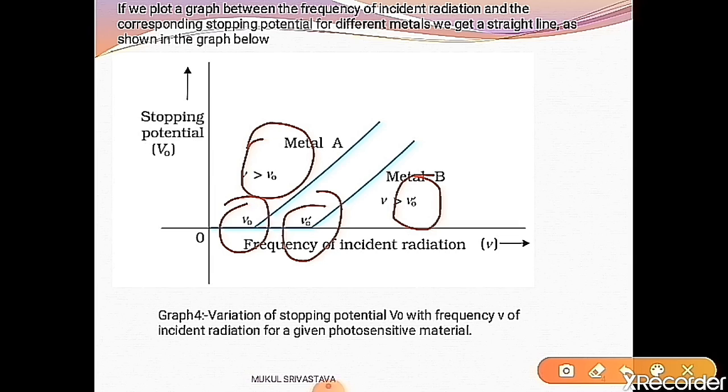Now different photosensitive metals respond differently to light, that is the most important point here. Selenium is more sensitive than zinc or copper. The same photosensitive substance gives different responses to light of different wavelengths. For example, take ultraviolet light. In the previous experiment we discussed that when ultraviolet light falls on a copper plate, the photoelectric effect happens.